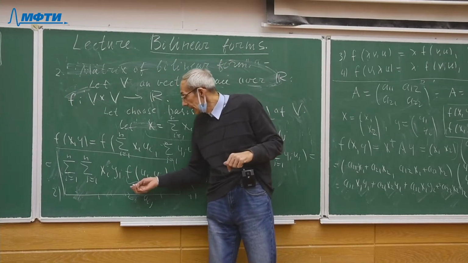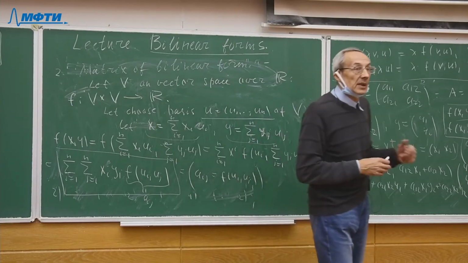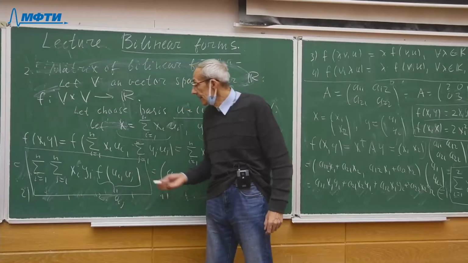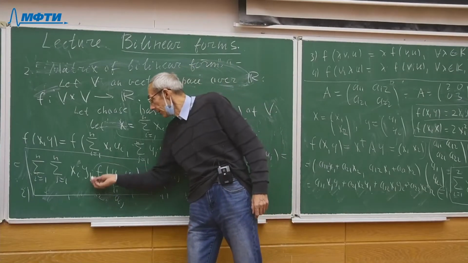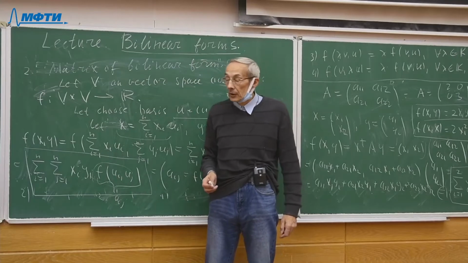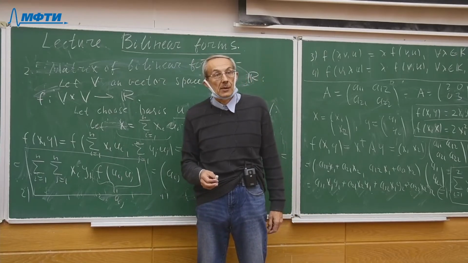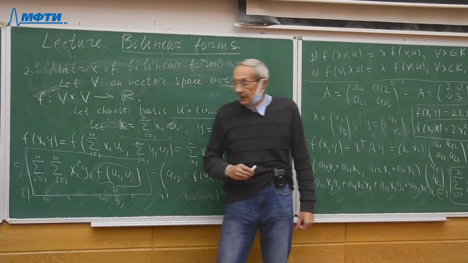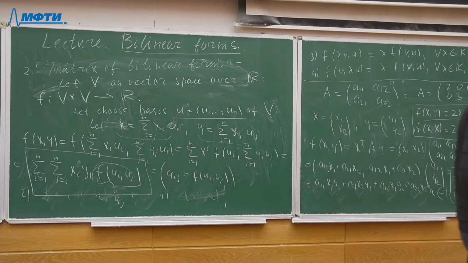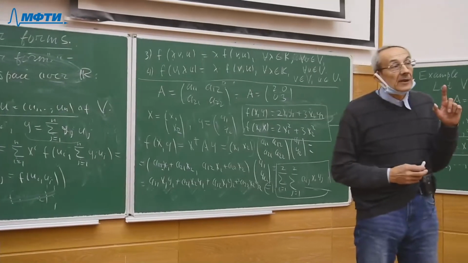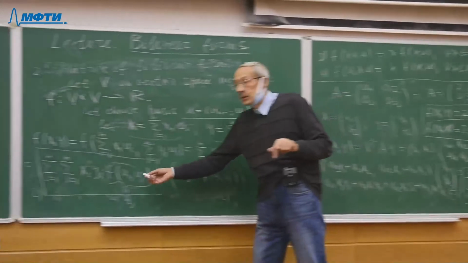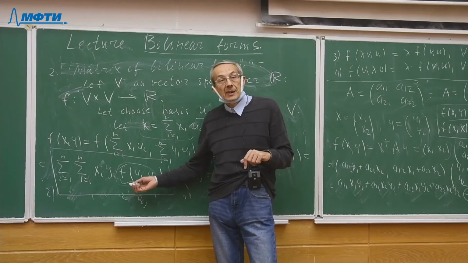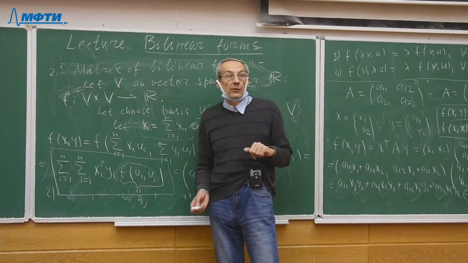But in this case, the matrix element exactly is the value of our bilinear form on the ordered pair of the basis vectors. And this formula exactly is the definition of the element of this matrix. And such a defined matrix is called the matrix of the bilinear form.